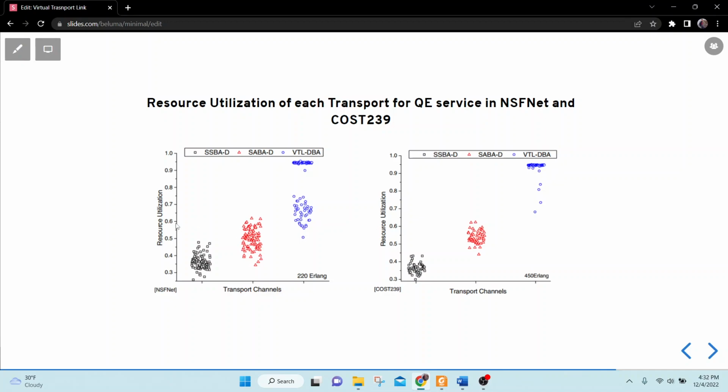But in the first case, resource utilization is sometimes only half of the bandwidth. It's not good performance. But in the second topology, they got good performance with VTL-DBA.